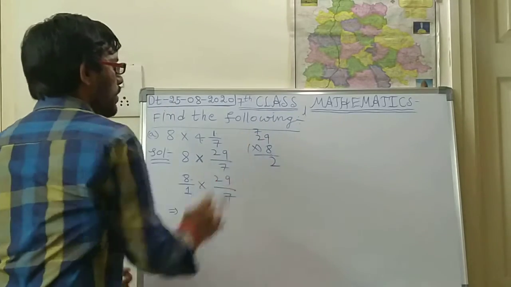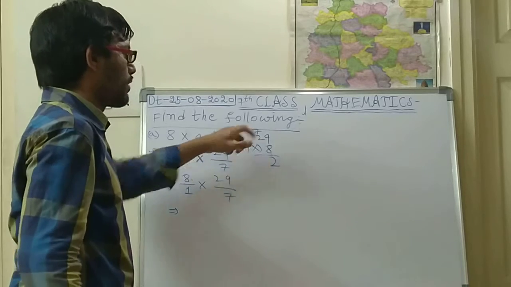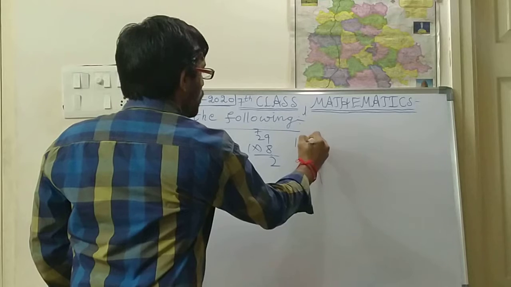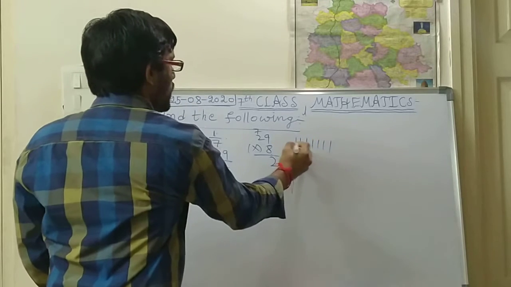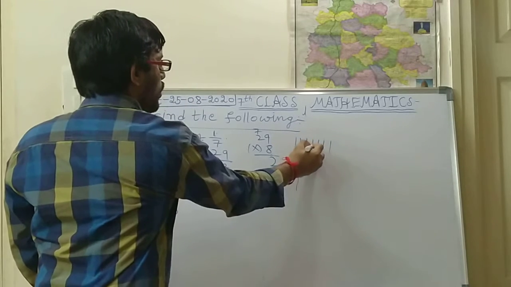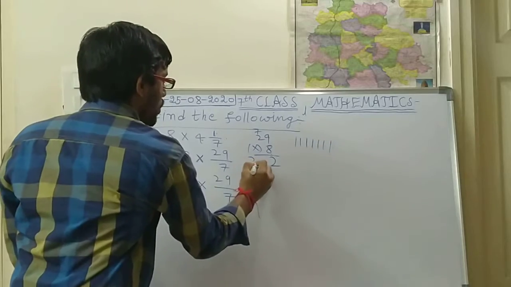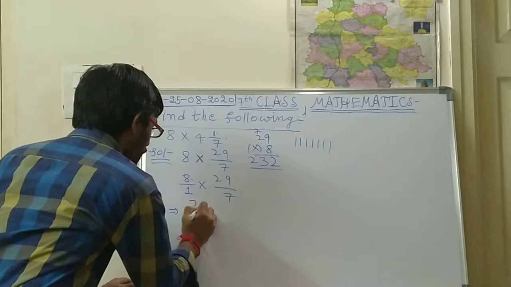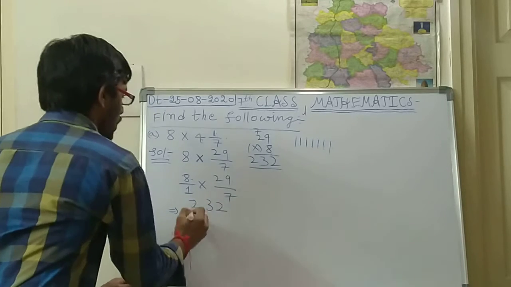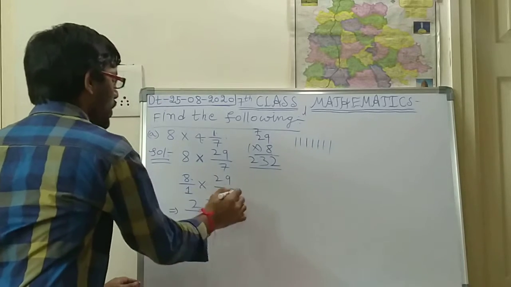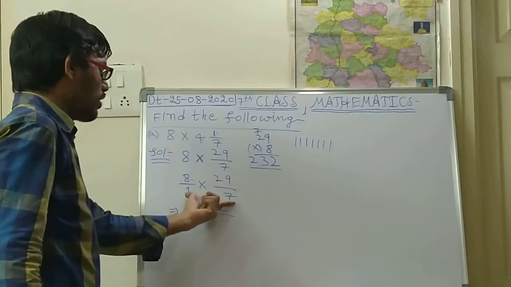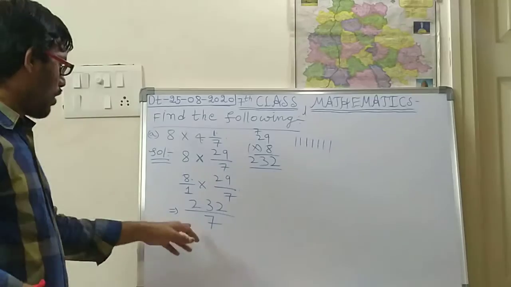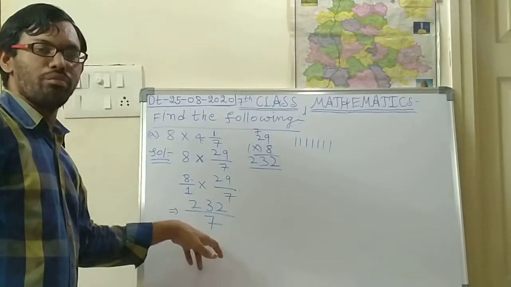Next, 8 twos are 16. 16 plus 7 is 23. So 232 is the answer. So numerator is 232 by 1 into 7. Denominator with denominator multiply: 1 into 7 is 7 only. So 232 by 7.